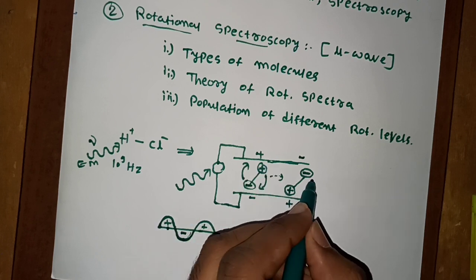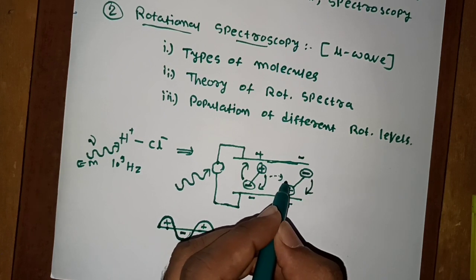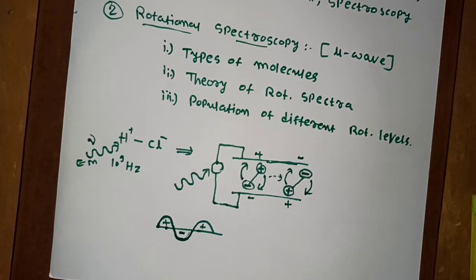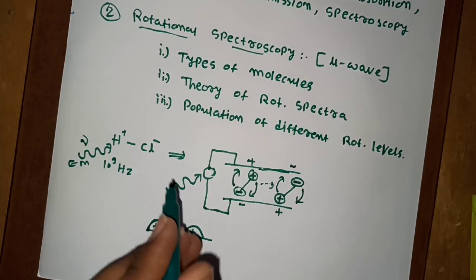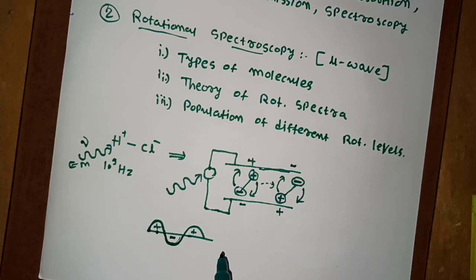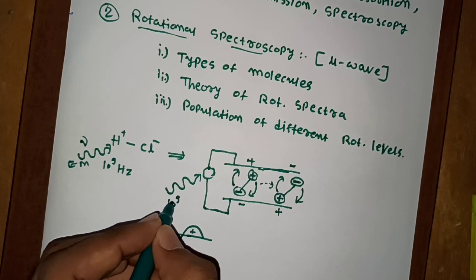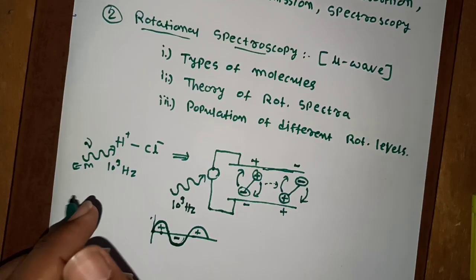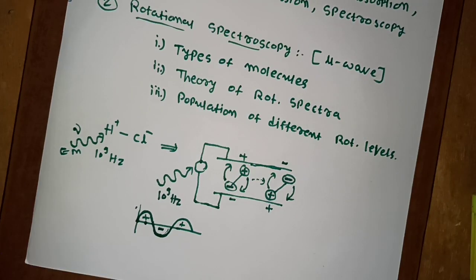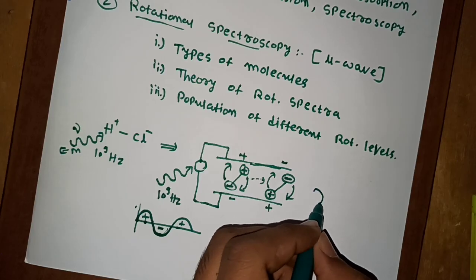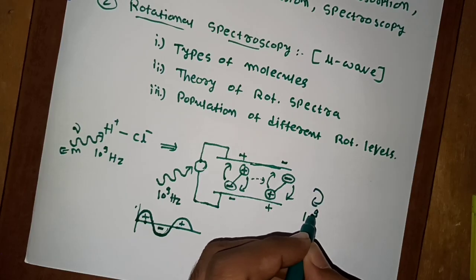So again it rotates, and the positive sign goes upward. It is going to keep rotating. In the incident radiation, I have applied a 10^9 Hertz frequency. If I apply 10^9 Hertz frequency, then this molecule is going to rotate 10^9 times per second.